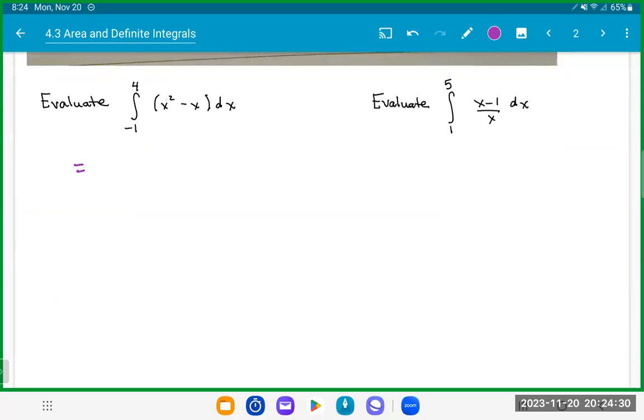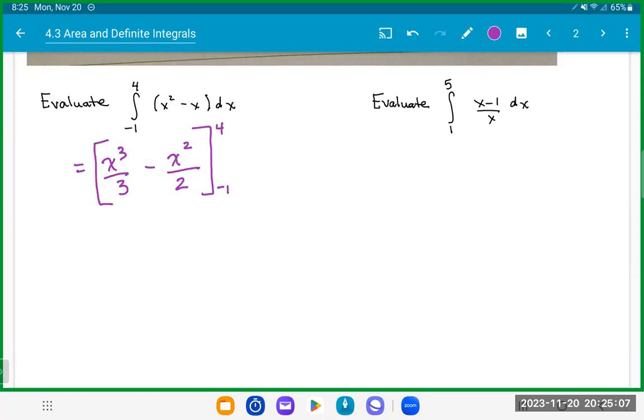The antiderivative of x squared is x cubed over 3, minus the antiderivative of x, which is x squared over 2, since 1 plus 1 is 2. And I want to evaluate this from -1 to 4. When we put that symbol like that, that's saying I'm going to do this entire thing evaluated at 4 minus the entire thing evaluated at -1.